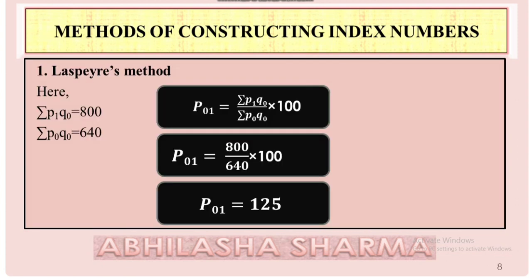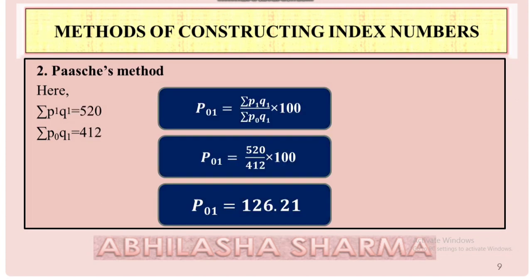For constructing price index by Laspeyres method, we will substitute the values of sigma P1Q0 and sigma P0Q0 in the prescribed formula, and after all calculations, we will get the index number of the current year, which is 125. Similarly, in Paasche's method, we will substitute the values of sigma P1Q1 and sigma P0Q1 in the prescribed formula.